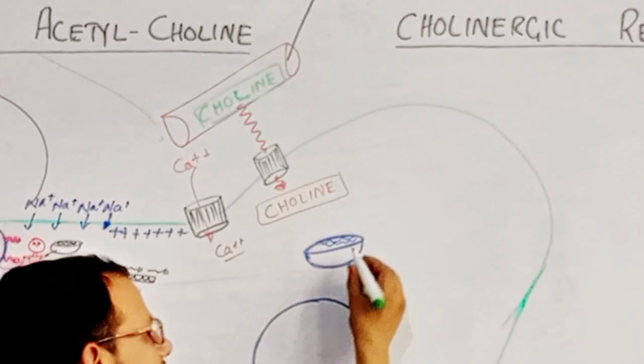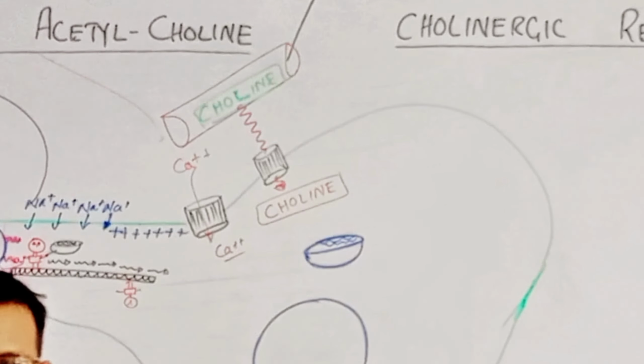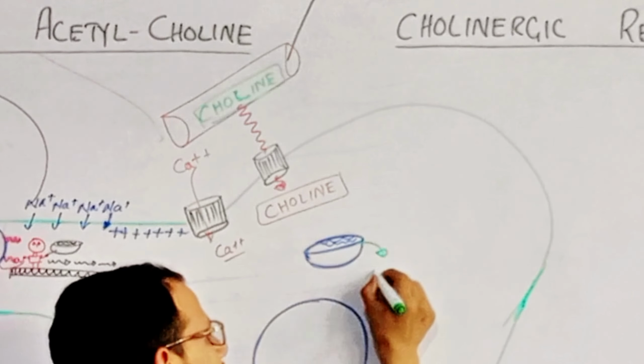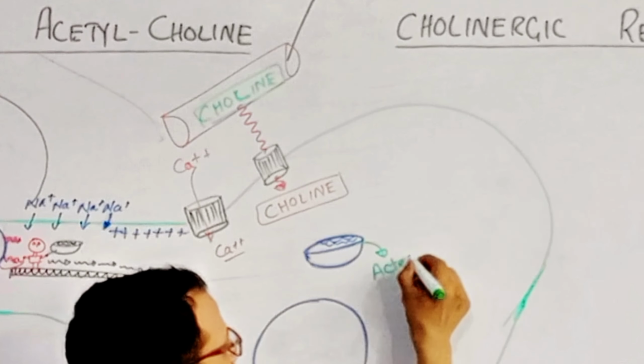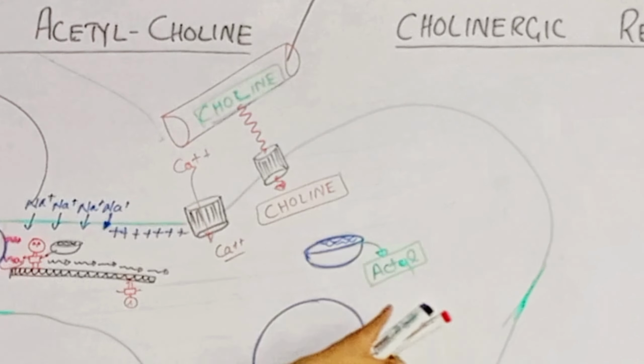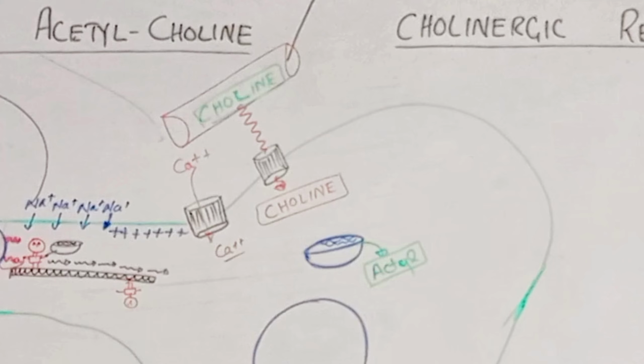And here we have a lot of acetyl coenzyme A. It releases the acetyl into the axon terminal. Acetyl coenzyme A, but coenzyme A again leaves this terminal, right?